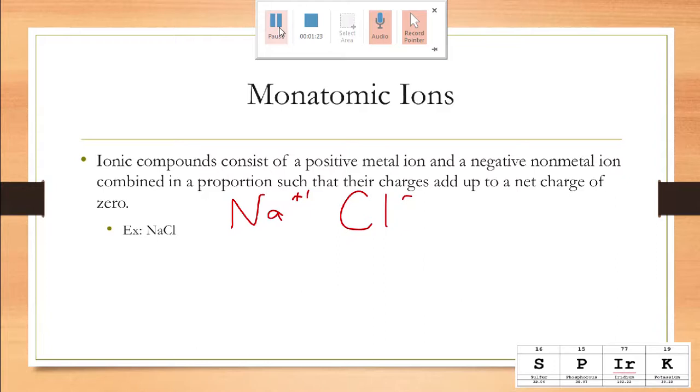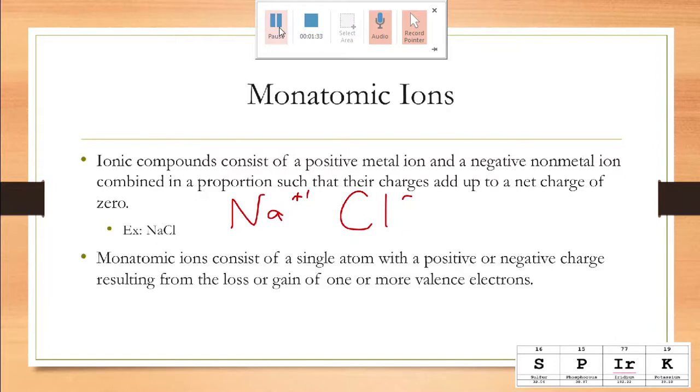When we add together +1 and -1, we get an overall net charge of 0, and that's what we're looking for from monatomic ionic compounds. Monatomic ions consist of a single atom with a positive or negative charge resulting from the loss or gain of one or more valence electrons. So a monatomic ion is our Na+, and another one is Cl-.